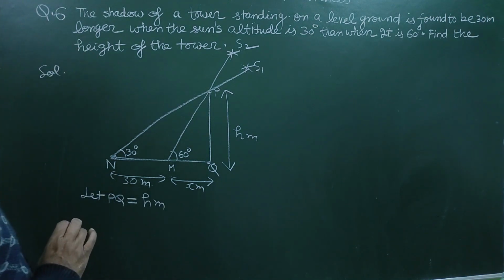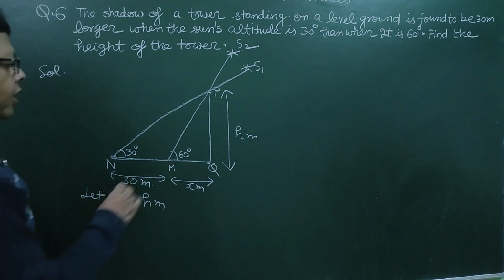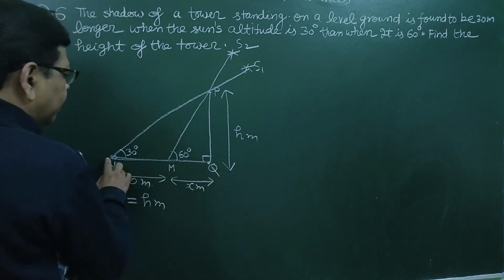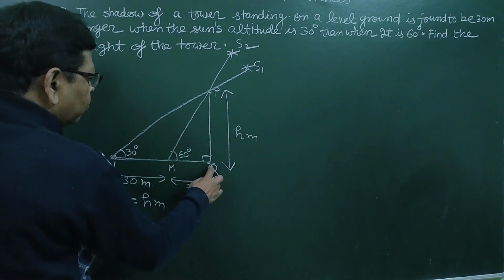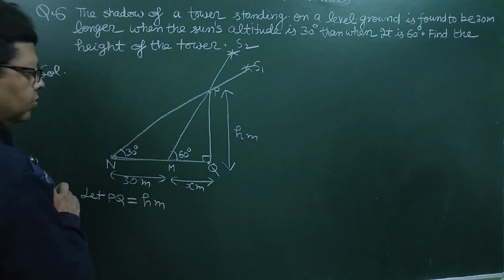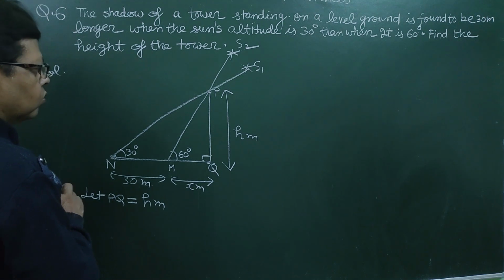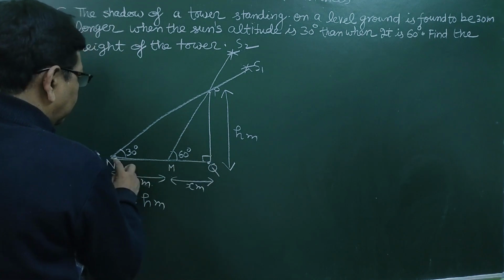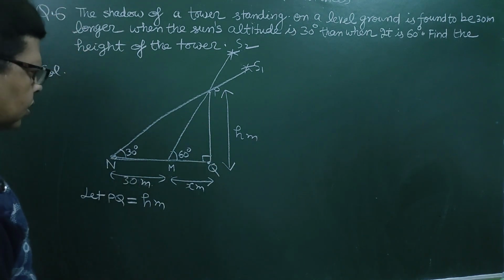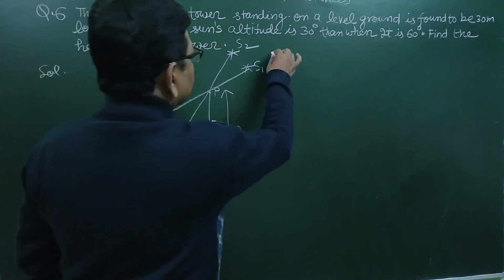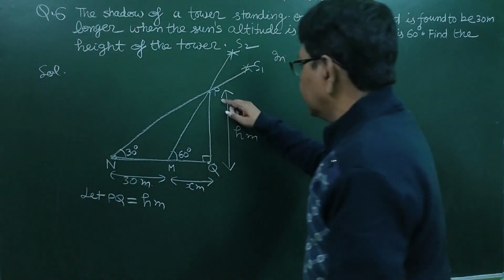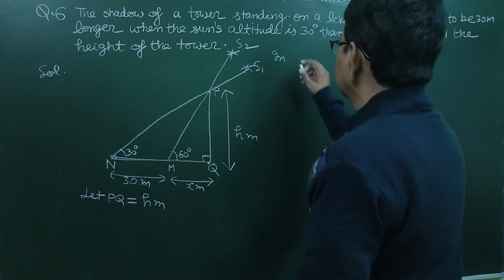Let PQ is equal to h meter. Now in this question, two right triangles are possible here, PQN and PQM. So first let us consider right triangle PQN.